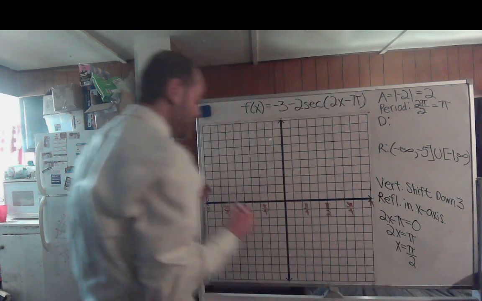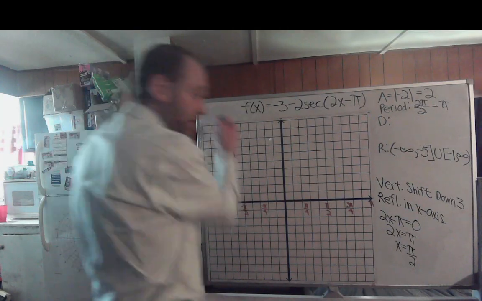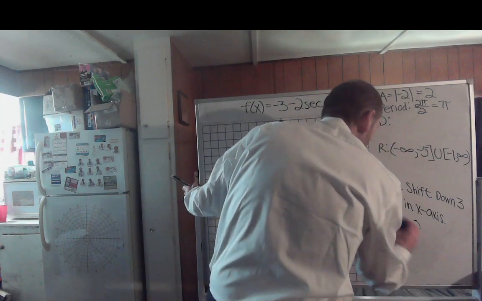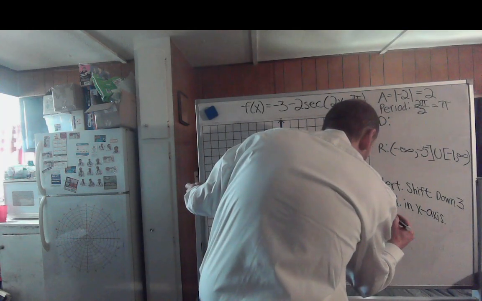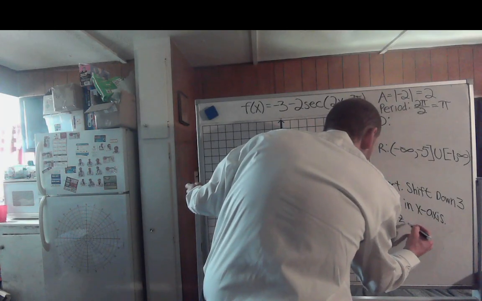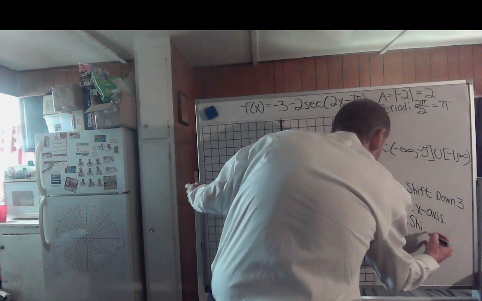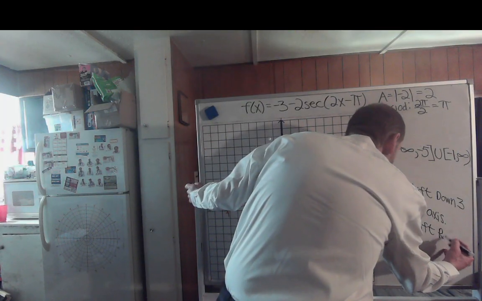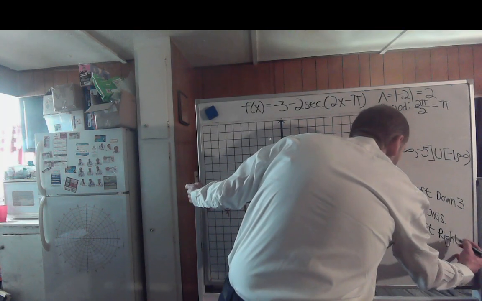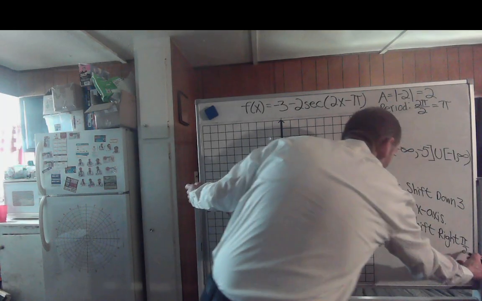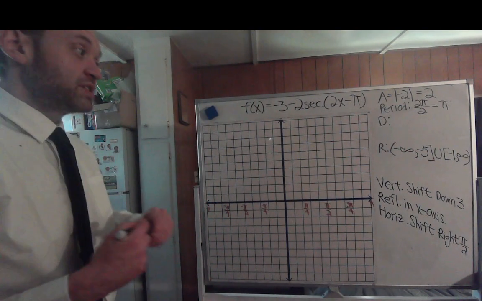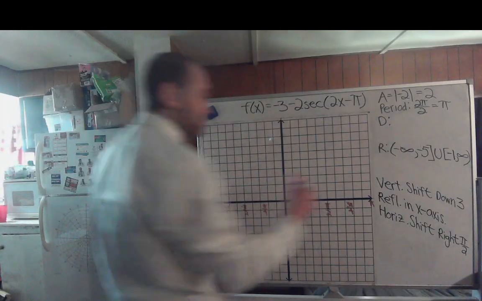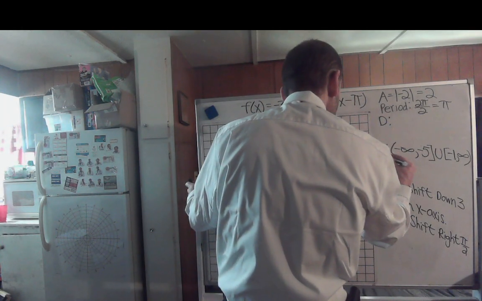So you actually have a horizontal shift to the right, pi over 2 units, which means everything's in our domain and our asymptotes are going to be affected.